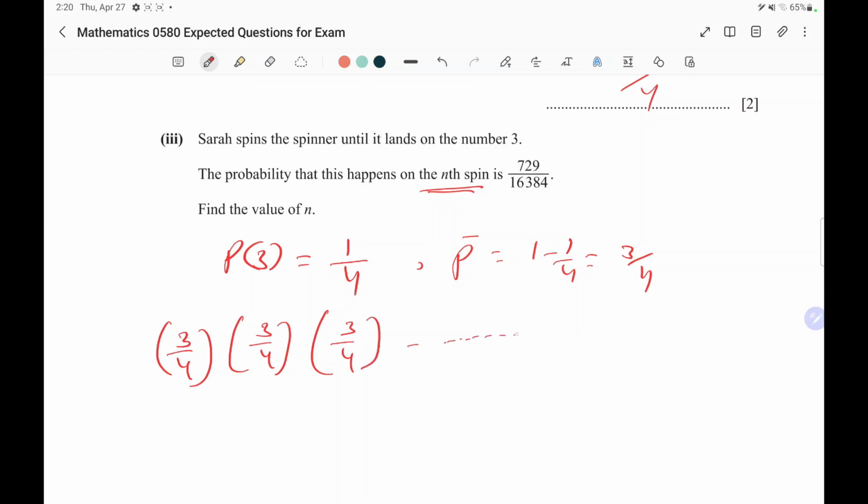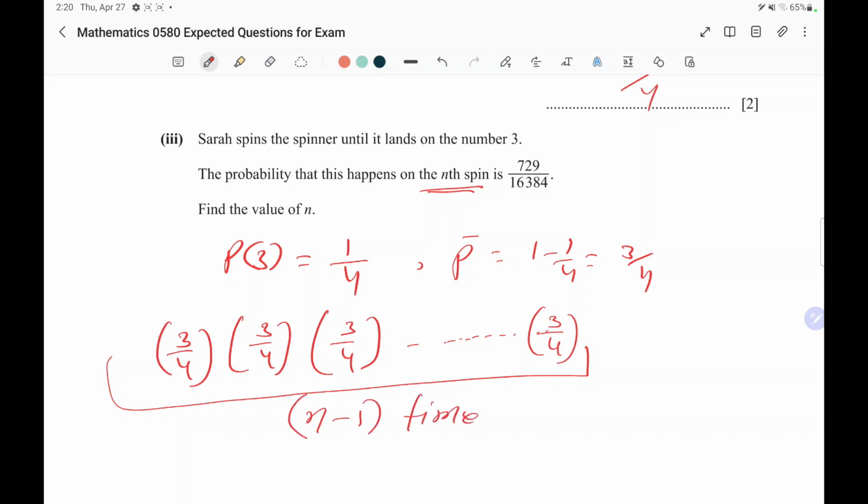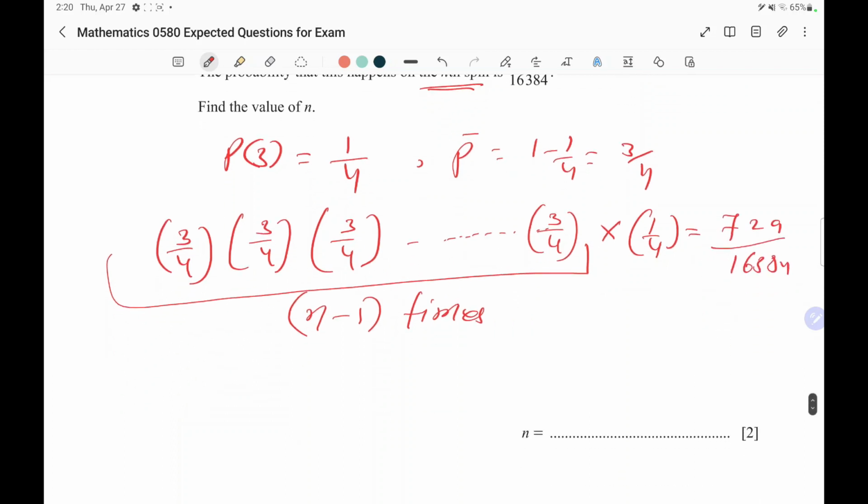Similarly, she will get 3 on the nth spin, so just before n also she will not get 3. This is how many times? n minus 1 times. But at the end she got 3, so the probability of 3 is 1 over 4. Now the given probability is 729 over 16384.